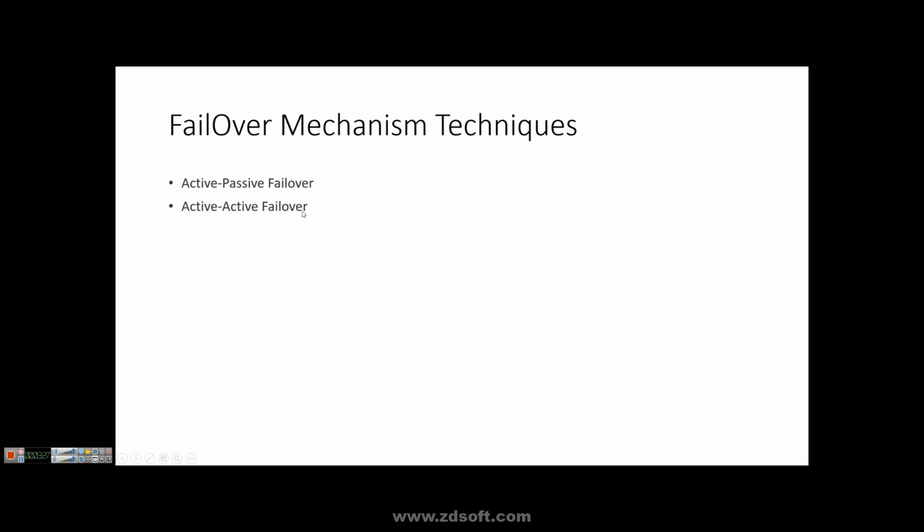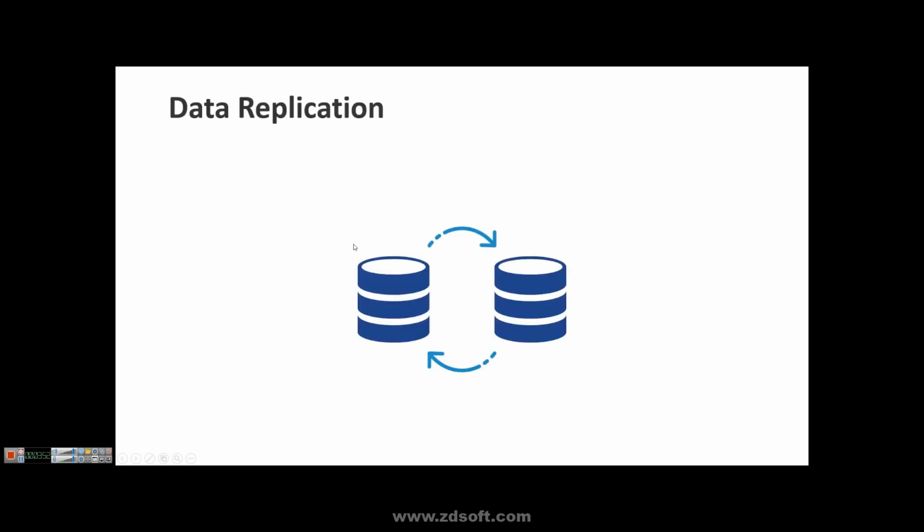First is active-passive failover, and second is active-active failover. Active-passive is where a primary active component is always backed by a passive standby component, which takes over control when any failure occurs. And in active-active, all components are active and share the load, and if one fails, the remaining components continue to handle the load seamlessly. These are the failover techniques.